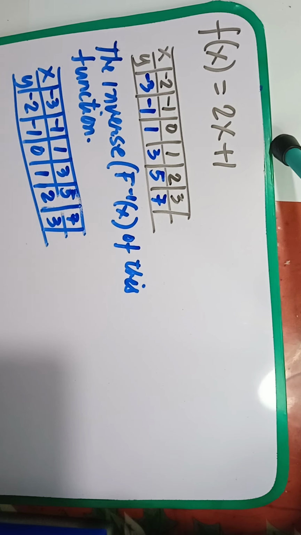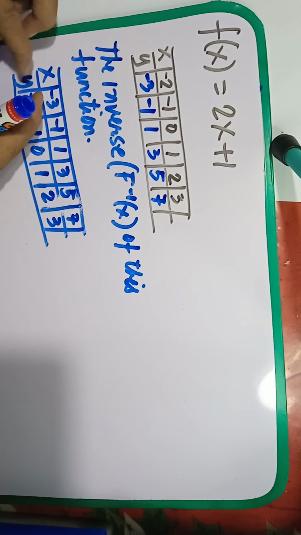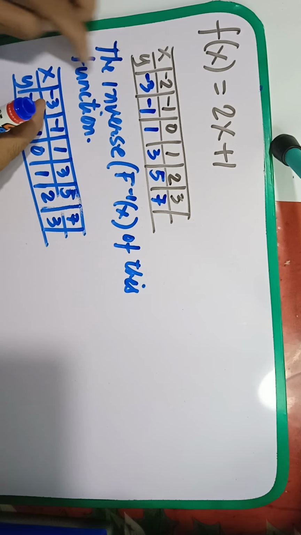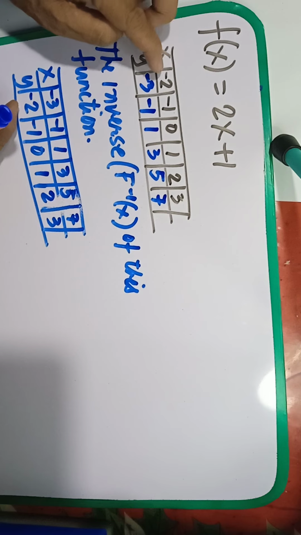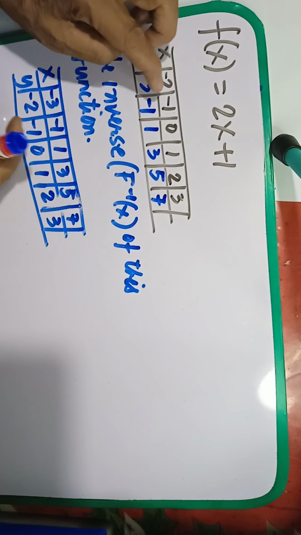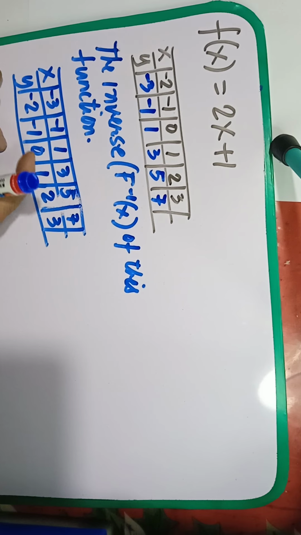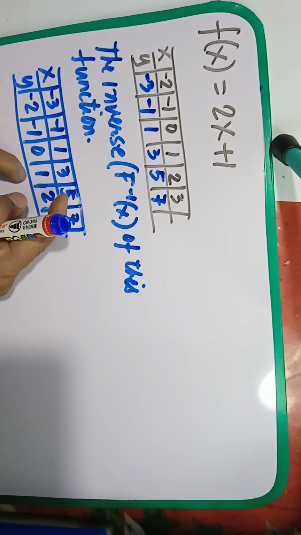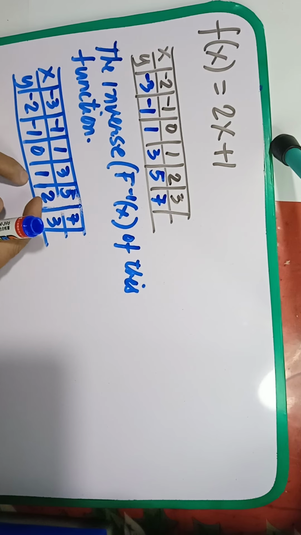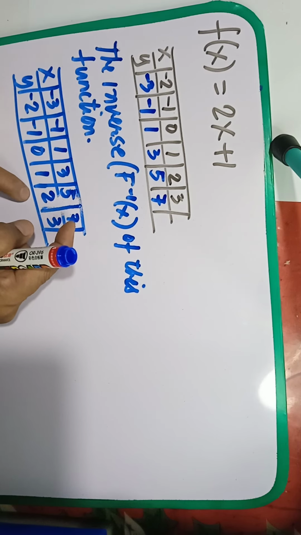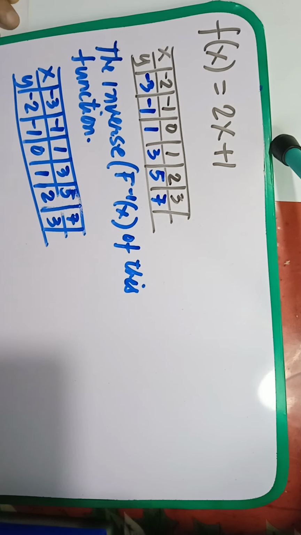Okay, let's try. So, for -3, that is x, -2 is our y. For -1, -1. For 1, 0. For 3, y is 1. For x which is 5, y is 2, for x which is 7, y is 3. Okay.